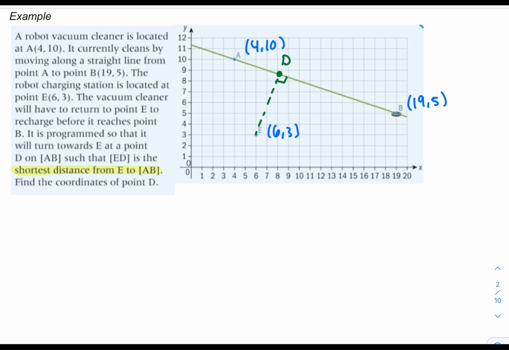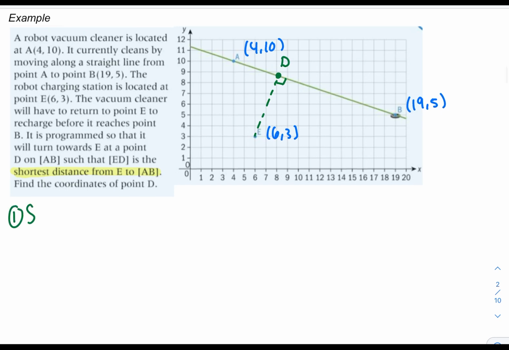Now, the first step that we can do is find the slope of the line AB. Using our formula, the slope of the line AB is going to be 10 minus 5 divided by 4 minus 19. So we're going to have 5 over negative 15. If we simplify this further, the slope is going to be negative 1 over 3.